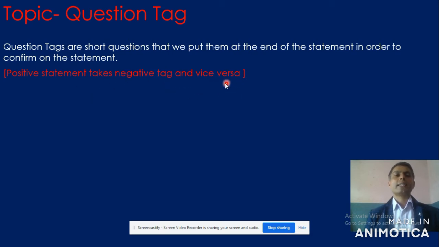If there comes a negative statement, we have to supply a positive tag. So never forget, a positive statement takes a negative tag and vice versa. This is the most important rule that we must apply while supplying the question tag after the given statement.